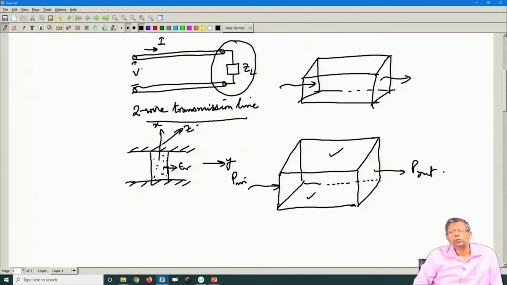We cannot use the voltage and current concept to describe these kinds of guided wave structures, because of the imposition of transverse boundary conditions on such a structure.